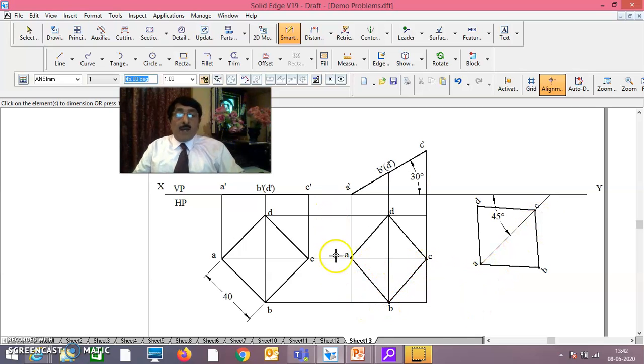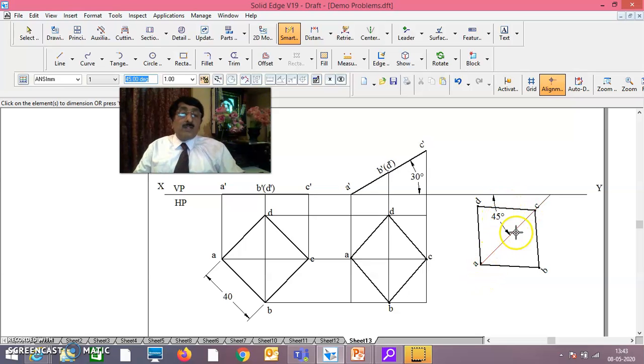What I have done is, I moved, copied and rotated, such that AC, which is not in true length, please understand, AC is inclined at 45 degrees. It is not the true length of the diagonal that is inclined at 45. What they have given in the problem is, top view of the diagonal containing the corner is inclined at 45 degrees to VP. In that way, top view of the diagonal containing the corner is AC.